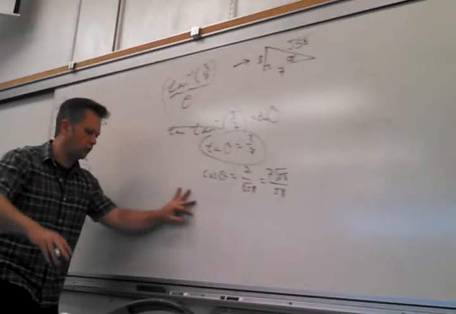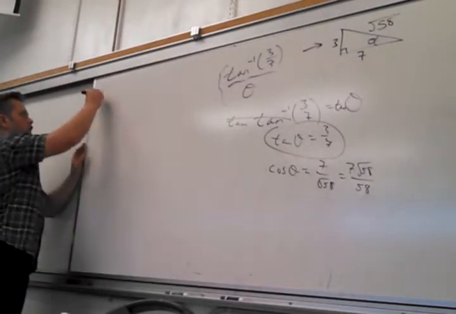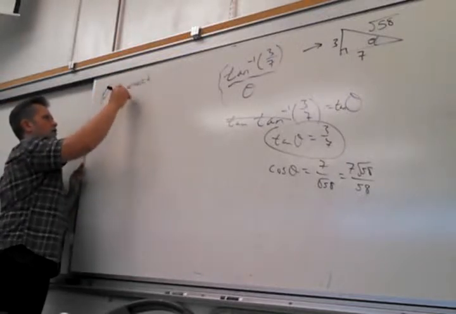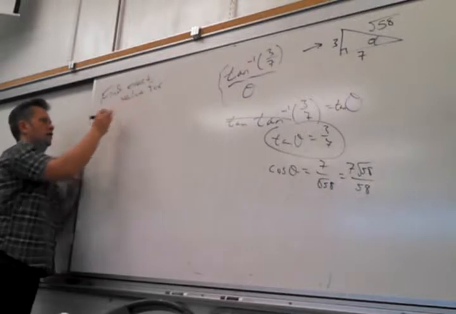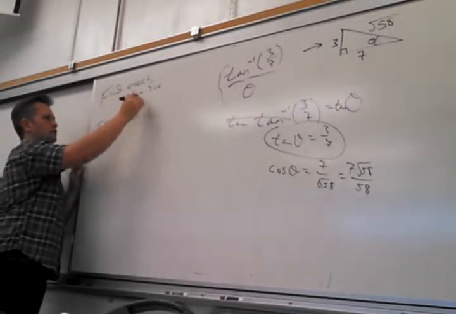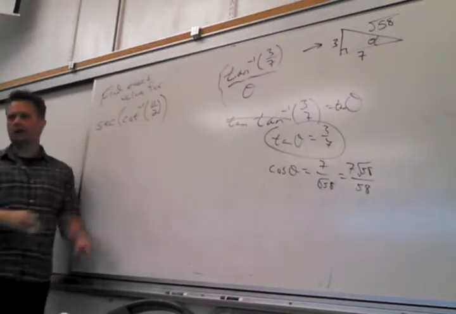So now watch. Here's the question I'll ask you then. I'm going to say find the exact value for the secant of the inverse cotangent of 11 over 2.